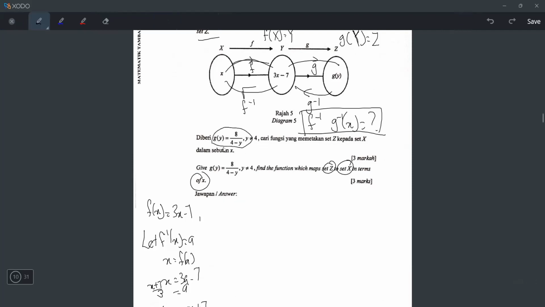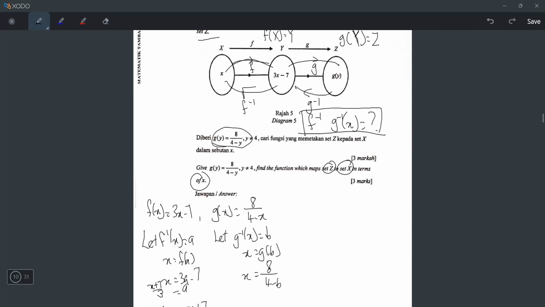If they give you g y is 8 over 4 minus y, what's g x? 8 over 4 minus x. You just change the y to x. And then if you want g inverse x, just repeat the same step. Let g inverse x equal b, using b this time since just now you used a. Then x equals g b, so x equals 8 over 4 minus b.